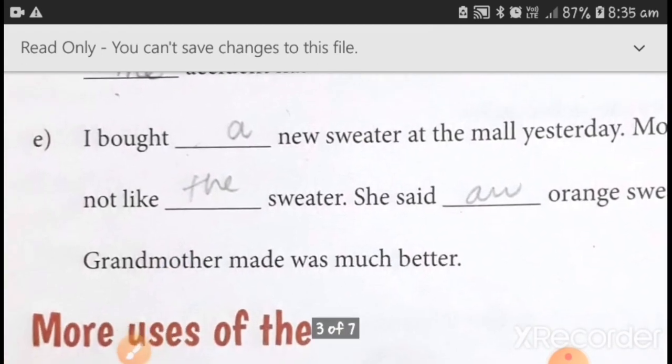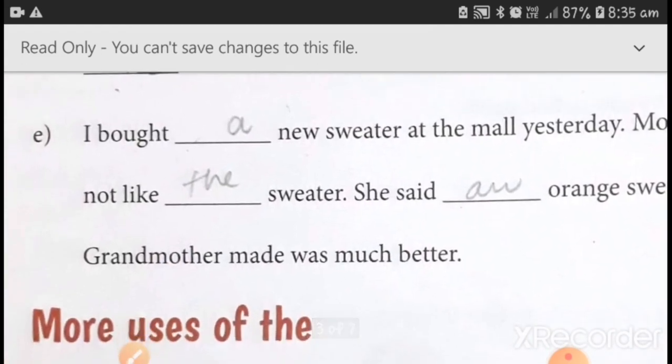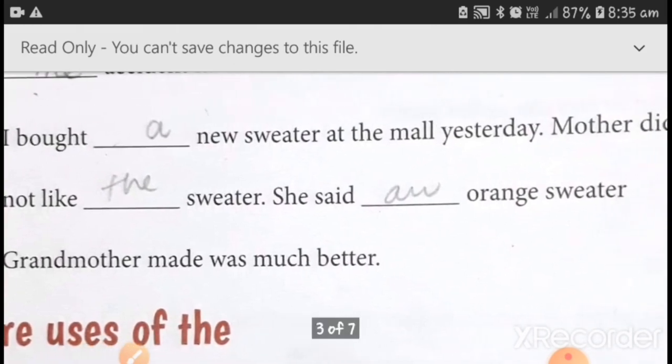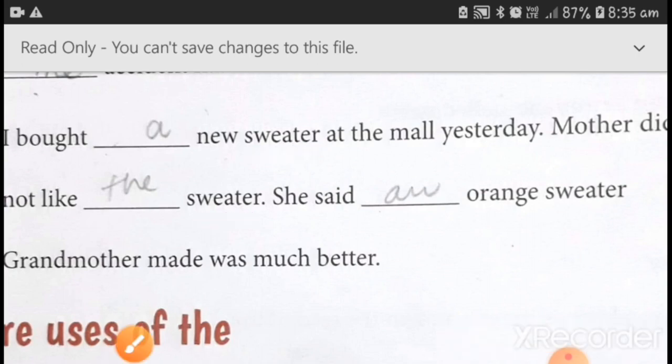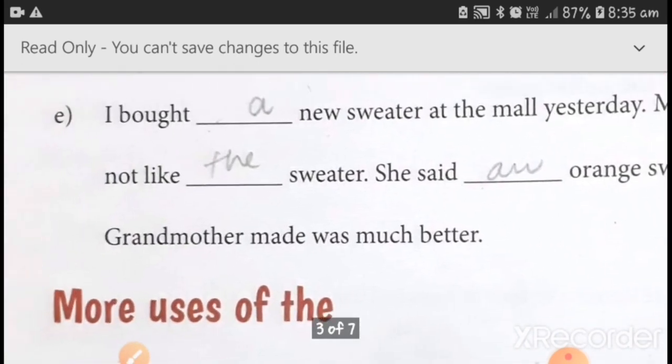Now, next is I bought a new sweater at the mall yesterday. Means here, this sweater, speaker and listeners both know about it. Yes or no? Means which sweater we have purchased or bought yesterday, that mother didn't like the sweater.